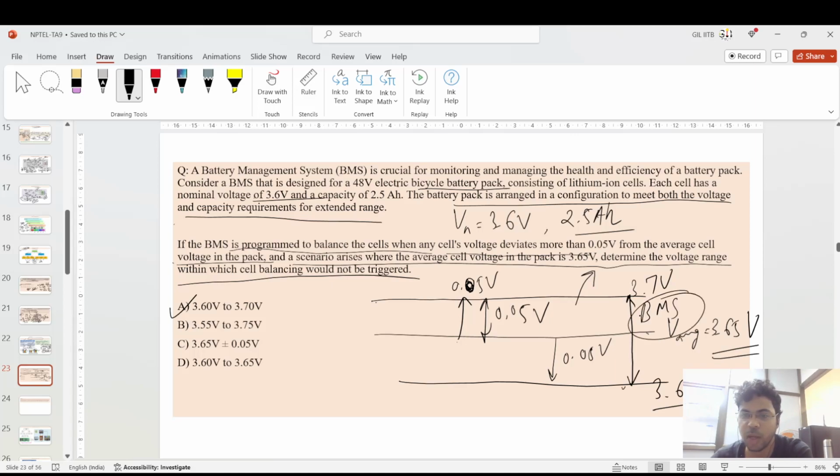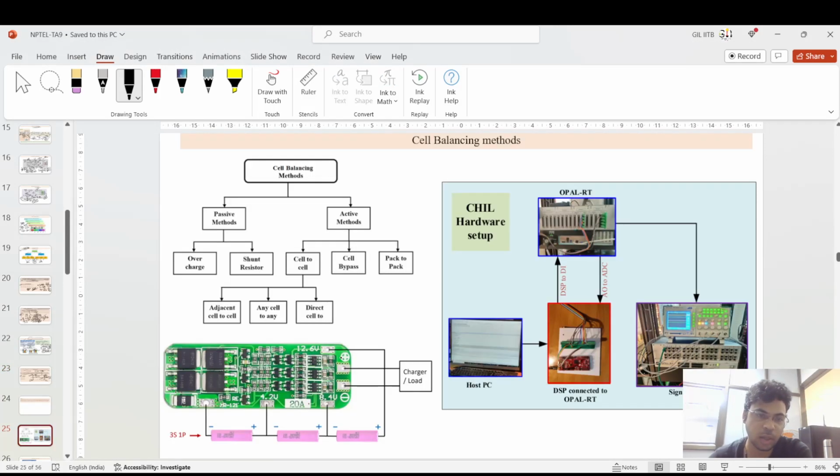So there is a band between 3.6 to 3.7 in which the BMS should not do any balancing. But if greater than 3.7 volt or less than 3.6 volt, it starts the balancing algorithm. So that is the correct answer.